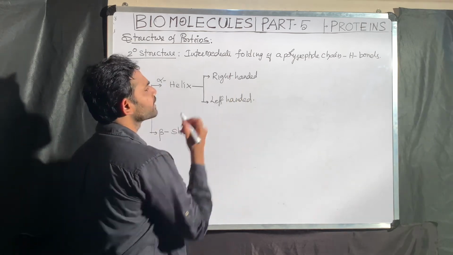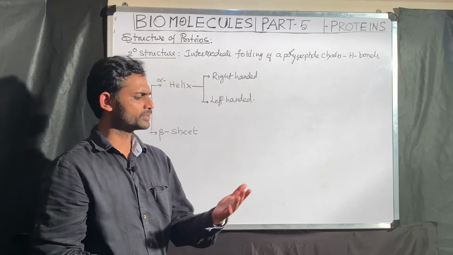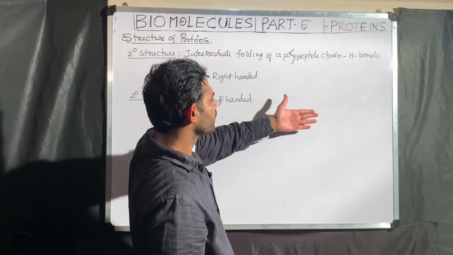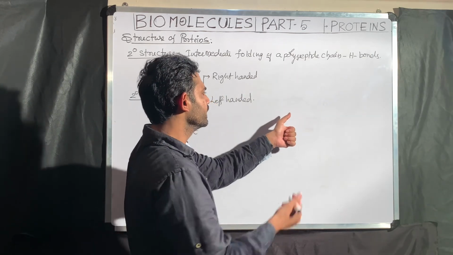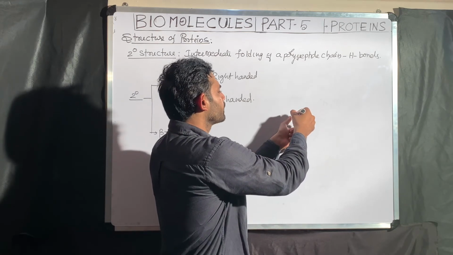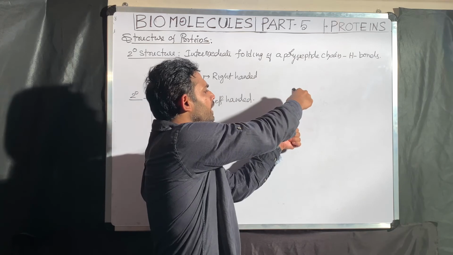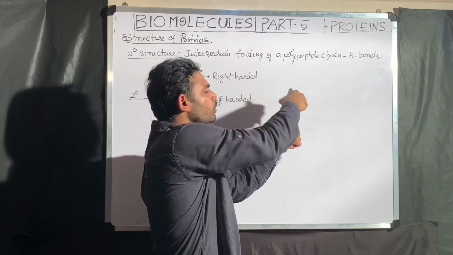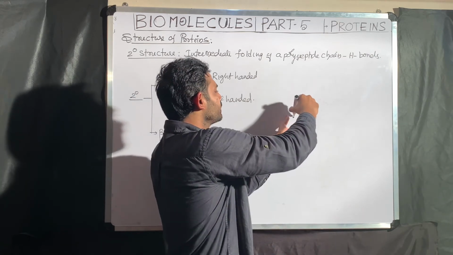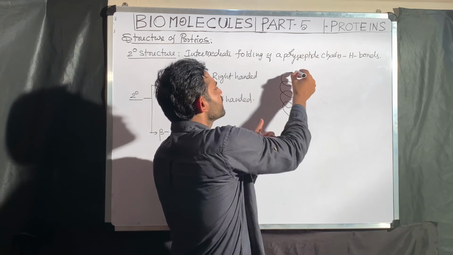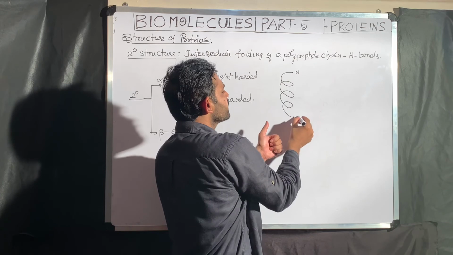Now, right-handed and left-handed: you can observe, this is my left hand. For example, if I fold my hand like this, the folding of the polypeptide chain you always have to start from the thumb. Then you have to rotate the polypeptide chain in the finger-folding direction of the hand. See this? Finger-folding direction like this. This is the N terminal, this is the C terminal.